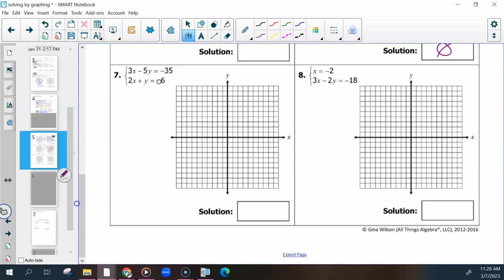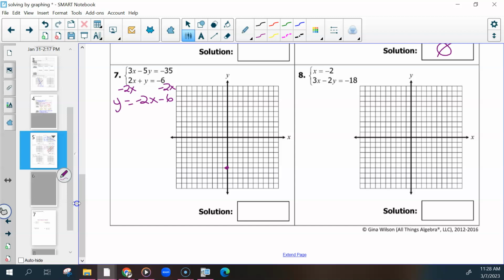So I'm going to solve this second one first. Which one you do first doesn't matter. And then I'm going to go ahead and graph that. So start at -6.